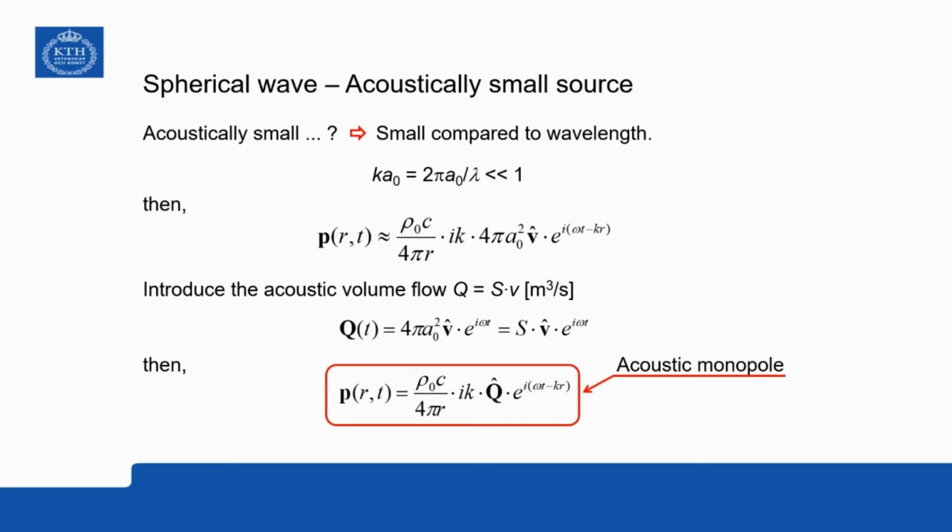If you have, for instance, exhaust from a car engine, the exhaust gases, if the exhaust pipe has a small diameter, small radius, then you can use the acoustic monopole model to describe and calculate the sound radiated from the exhaust.